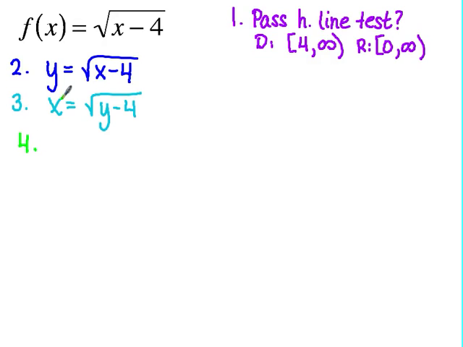Good. Perfect. So I'm going to square both sides. So I end up getting x squared equals y minus 4. Yep, add 4 to both sides. So I end up getting x squared plus 4 equals y. And then what's my next step going to be?